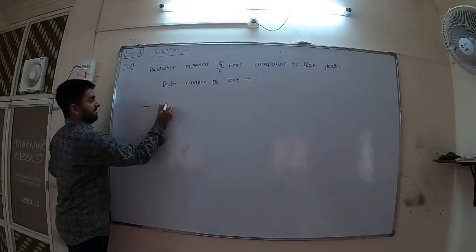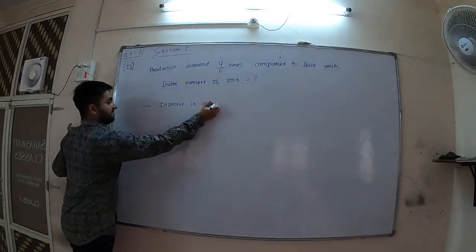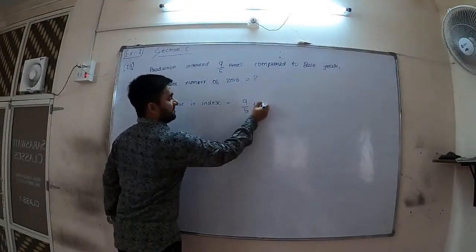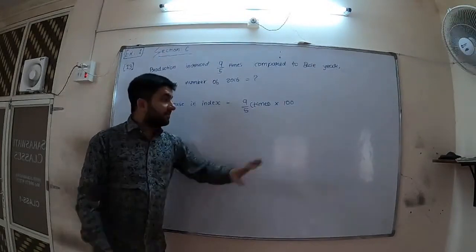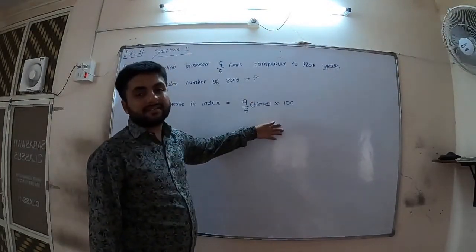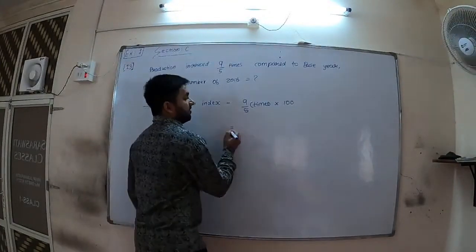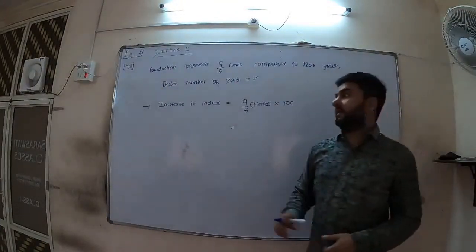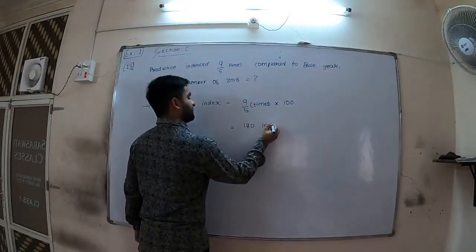First step is to find the increase in index, which is 9 by 5 times multiply 100. Whenever it is written with times, multiply with what? With percent. Index number is based on percentage, so multiply 100. If any other thing, then according to that. 9 by 5 multiply 100 is 180. 180 increase.